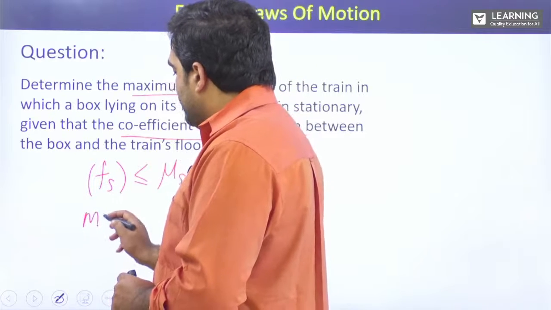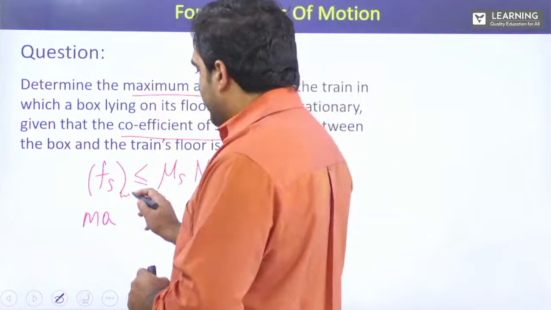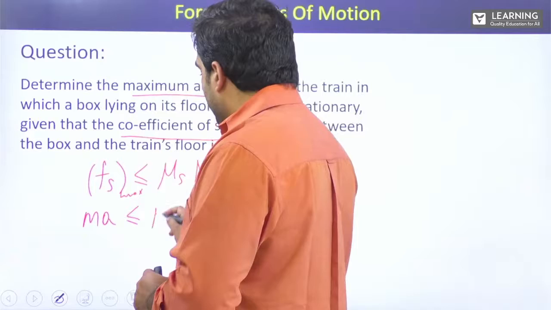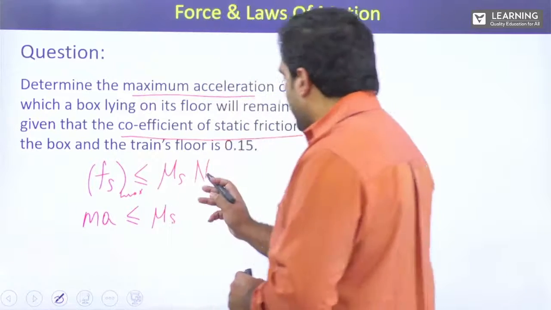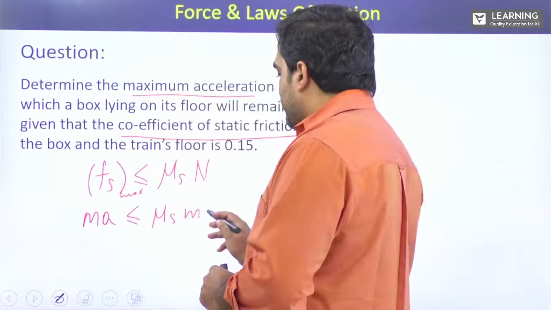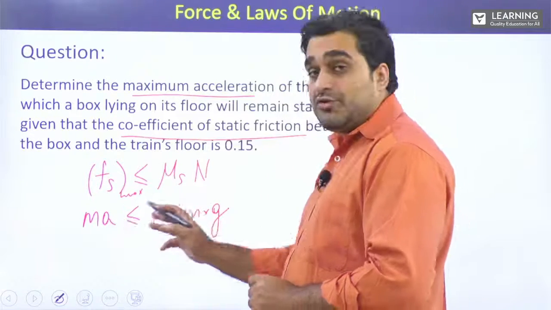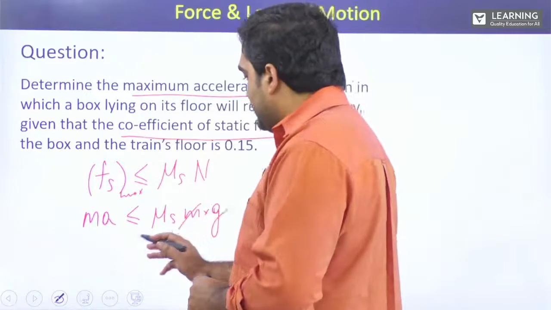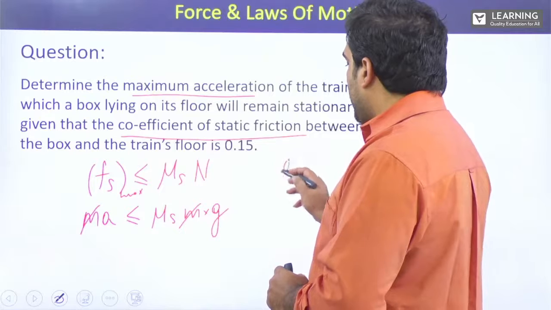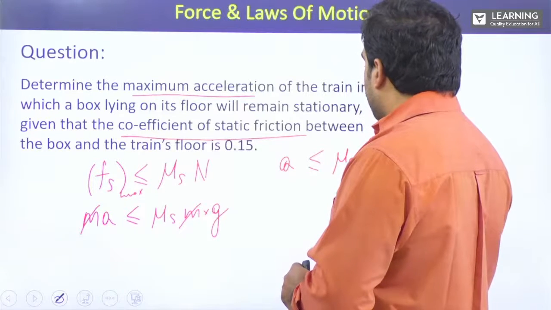The force of static friction is mass times acceleration. This is maximum, less than or equal to mu s times the normal. Normal is defined as the product of mass times gravity. Since we have mass on both sides, we can cancel the mass, and what you obtain is A less than or equal to mu s g.